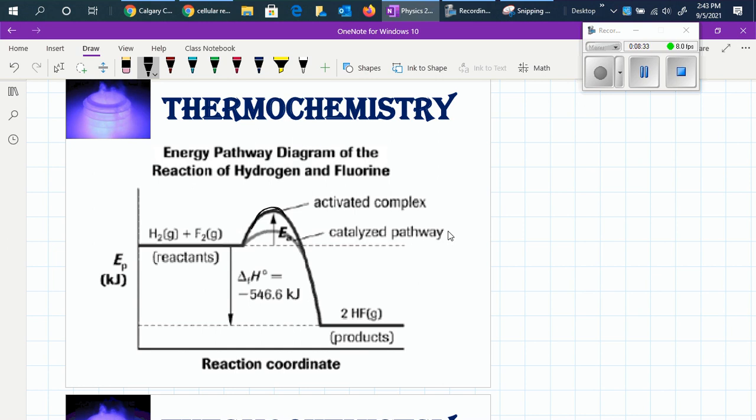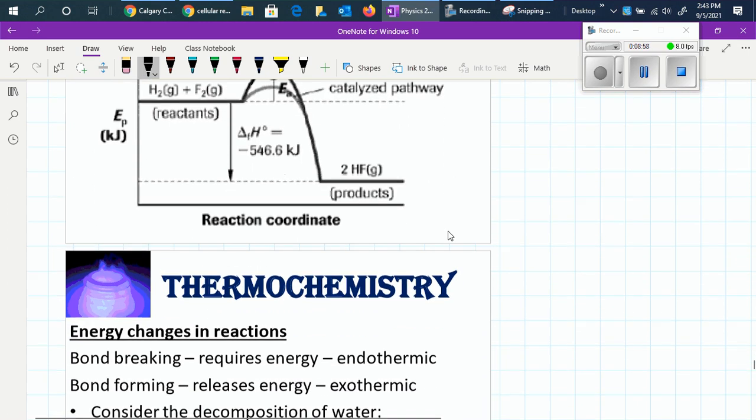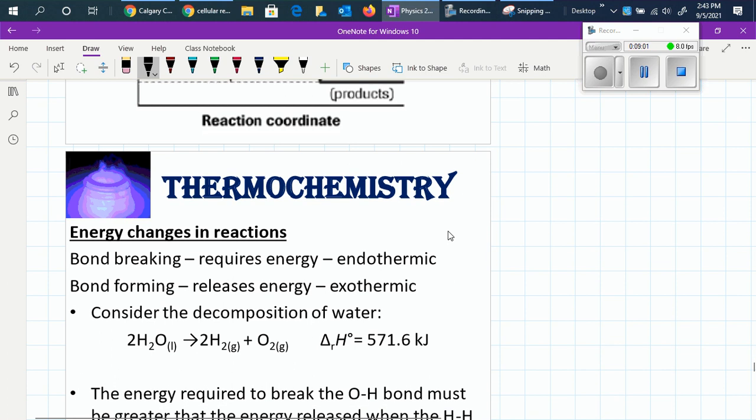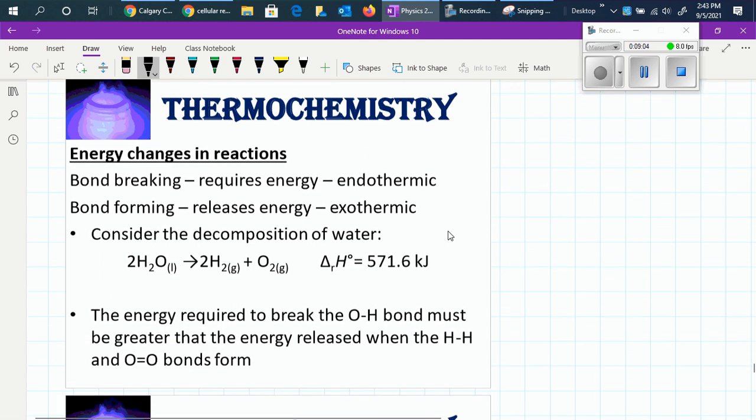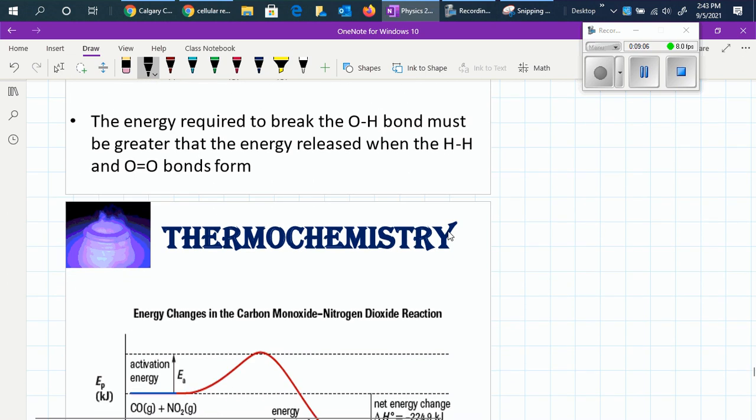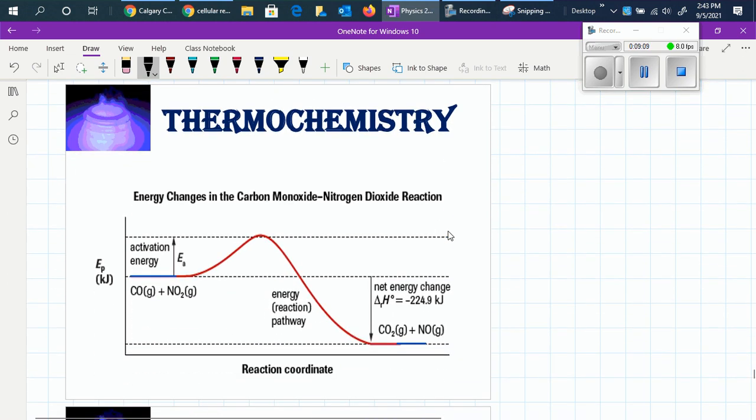But what is important, no matter what, with or without catalysis, is that the enthalpy change of formation for hydrogen fluoride will always be negative 546.6 kilojoules. And this is pretty much what they are saying here. The same thing is here.